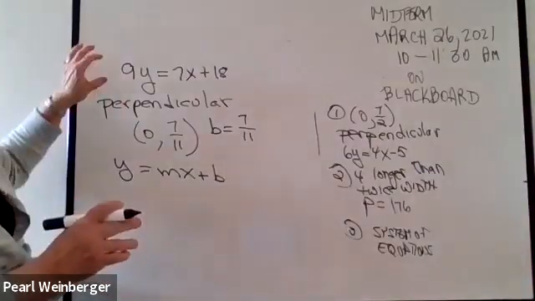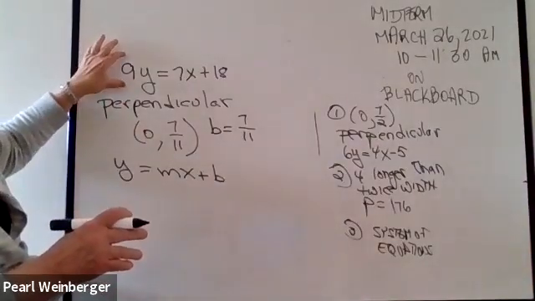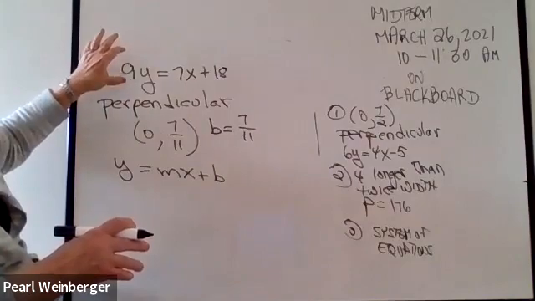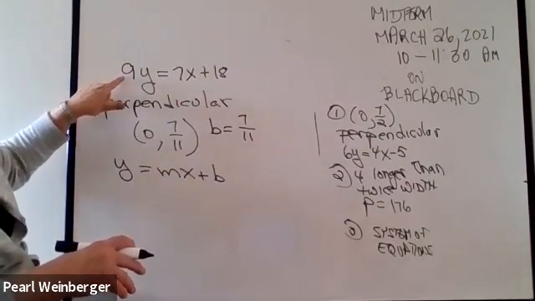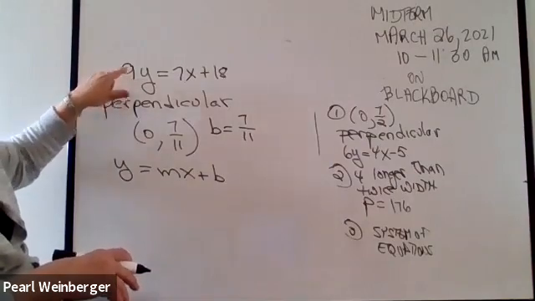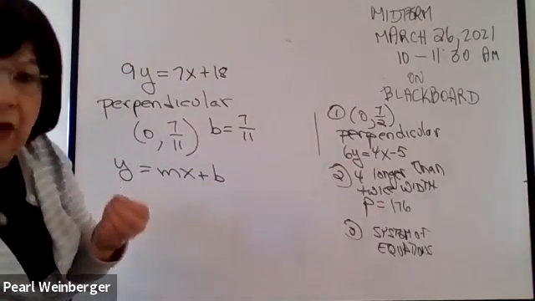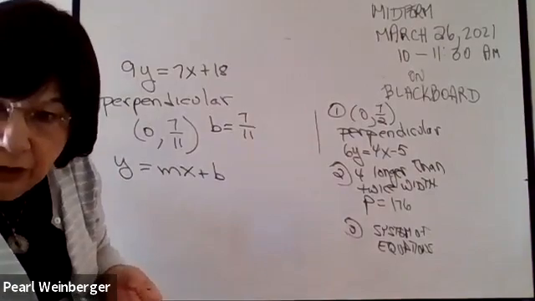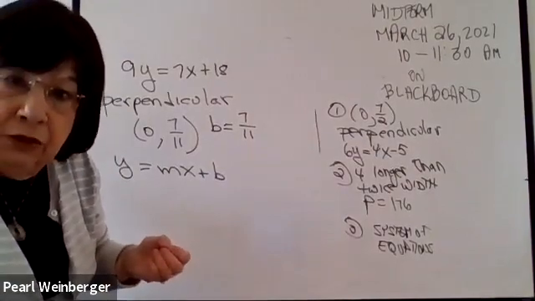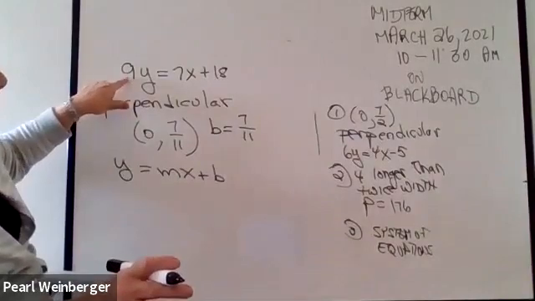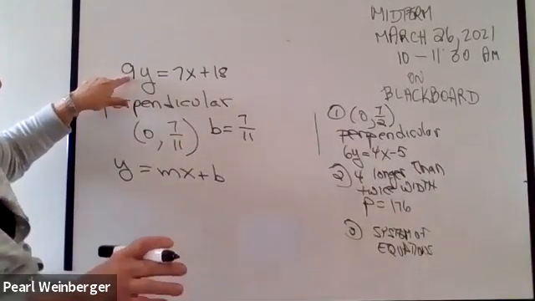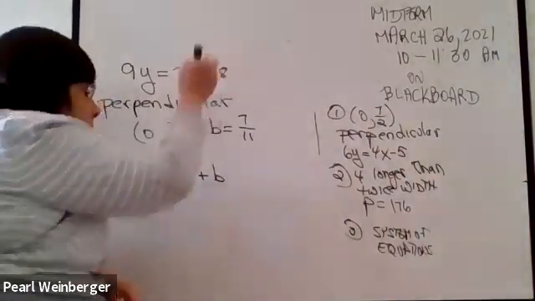But in this case, they gave me a line that mine is going to be perpendicular to, and when lines are perpendicular, their slopes are negative reciprocals. So the first thing I want to do is figure out the slope of this line.